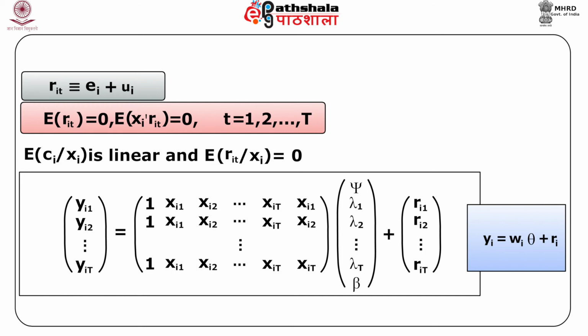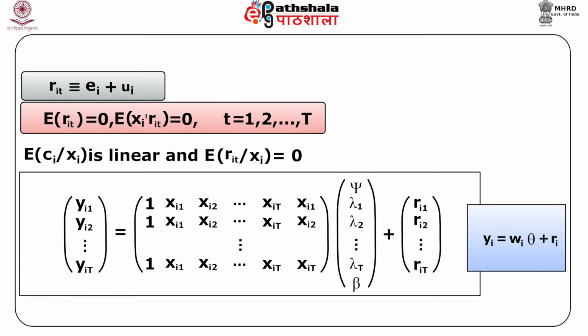The product vector is the vector of parameters starting from phi, lambda 1, lambda 2 up to lambda T and beta, and then we have the residual vector ri1, ri2 up to riT. This is our equation 19.